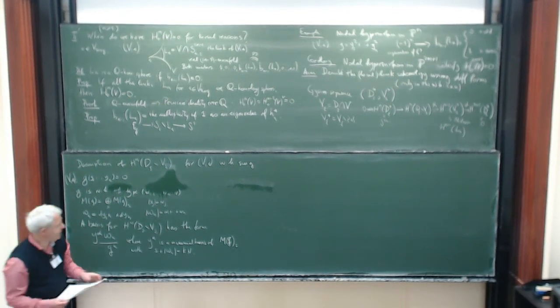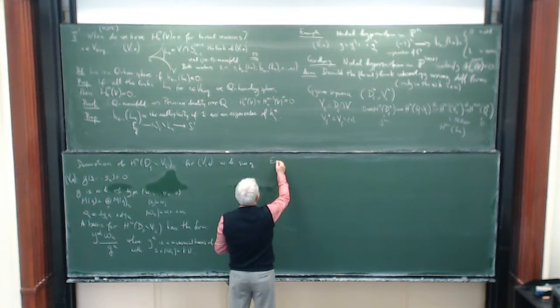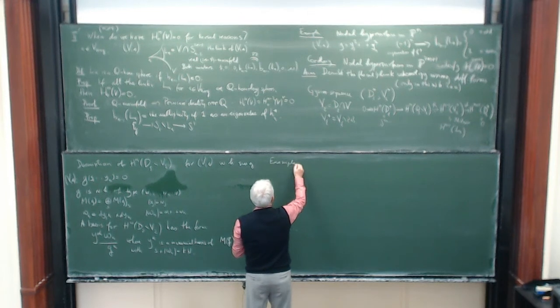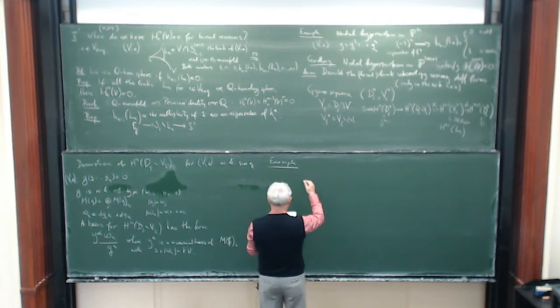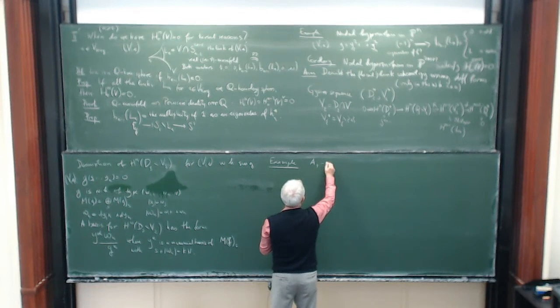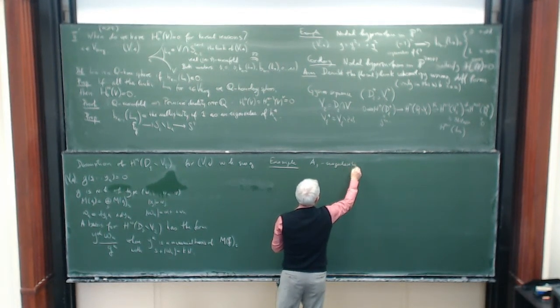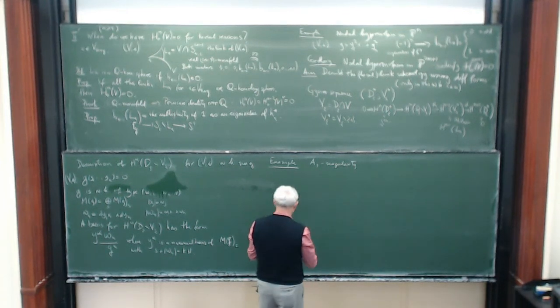And now in the remaining 5 minutes, I'll give you an example which will play a key role in the future. So if I have an A1 singularity, then you know everything.